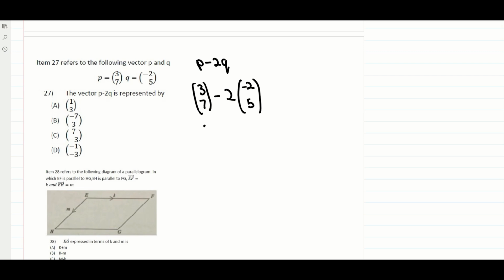So 2 by -2 is -4, and 2 by 5 is 10, so it'll be (-4, 10). Then 3 minus -4 is 3 plus 4, which is 7, and 7 minus 10 is -3, so the answer here is C.